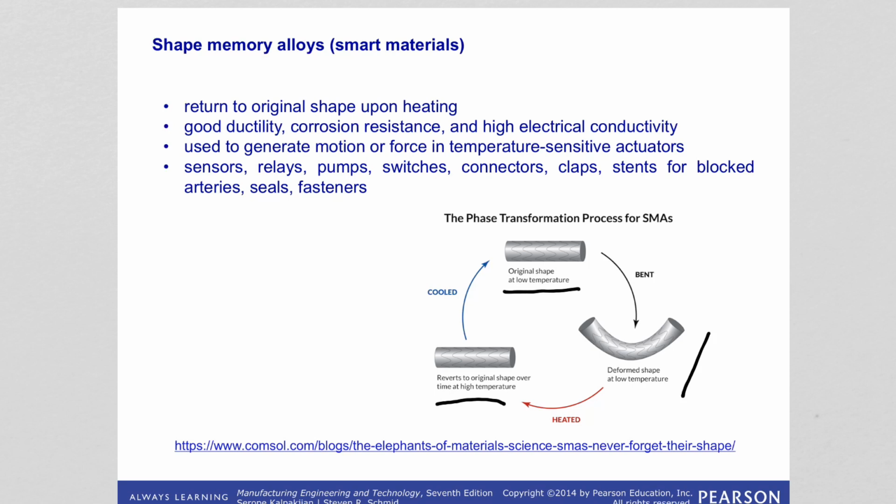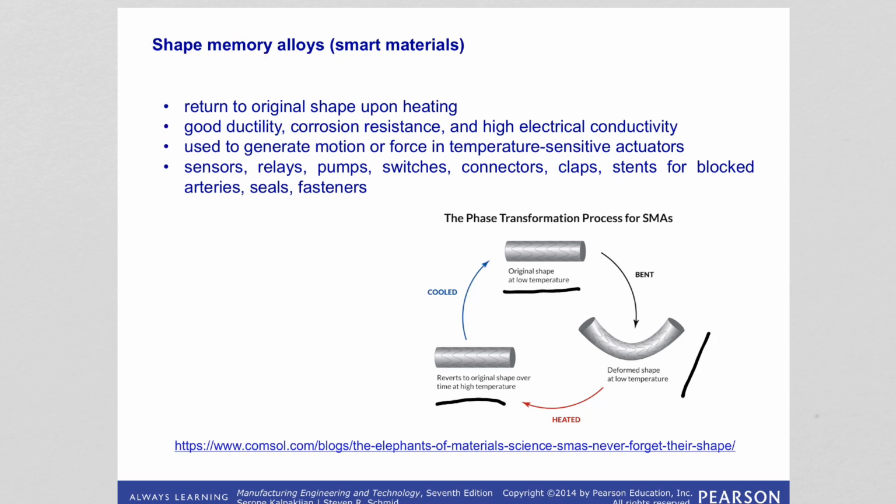So what is the composition of these alloys? Why does this remembrance of the shape happen? It is actually related to phase transformation. Different phases are present inside the material, and a complex phase transformation takes place, and that makes the material go back to its original shape.